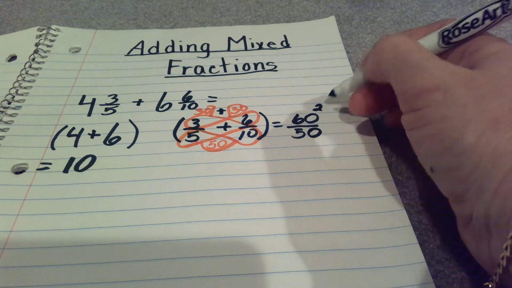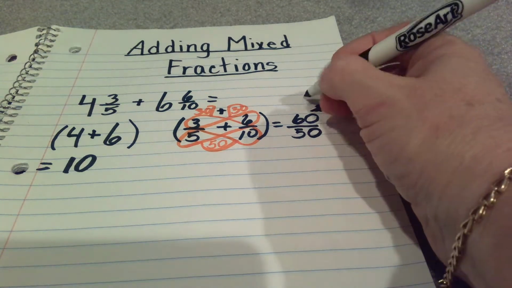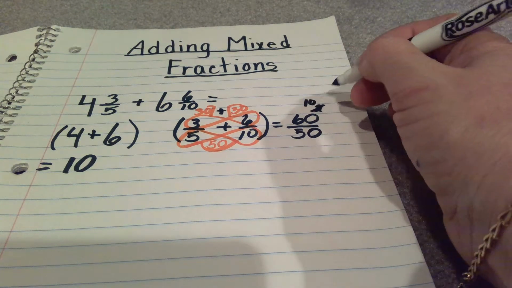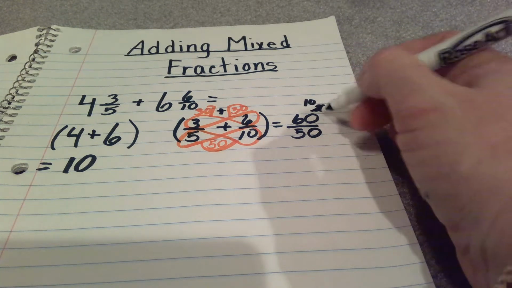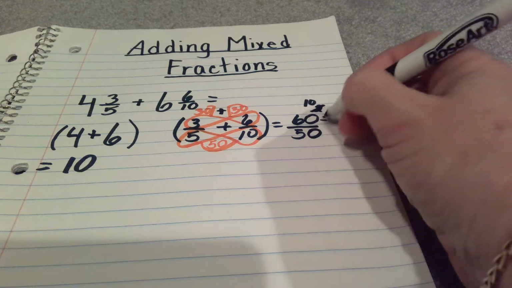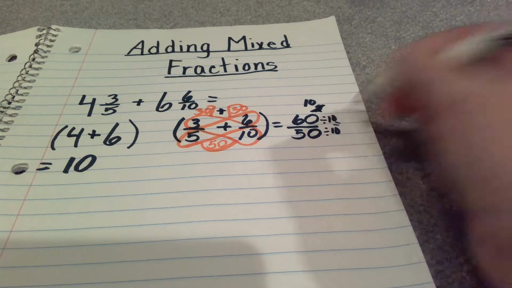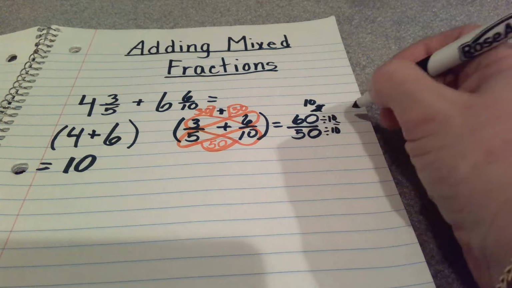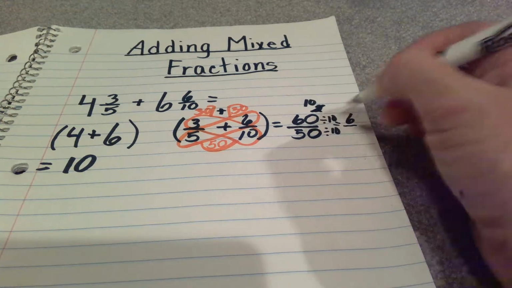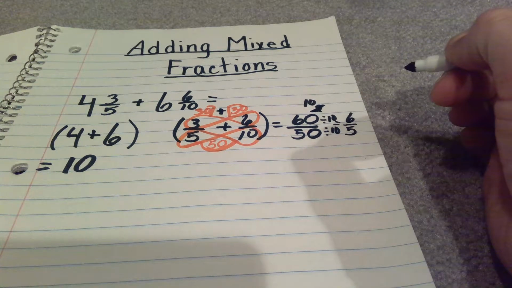But they end in zeros, so that means they have a bigger number in common, and that is 10. So I am going to reduce this using 10. So I look at 60 divided by 10 and 50 divided by 10. And that, 60 divided by 10 is 6, and 50 divided by 10 is 5.